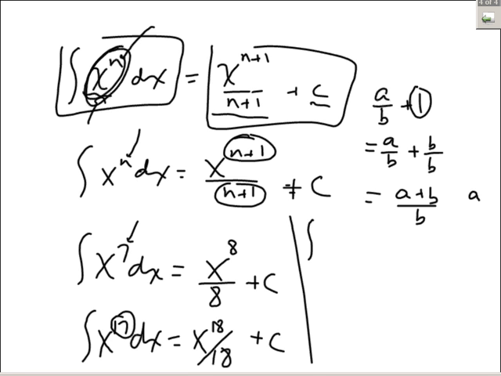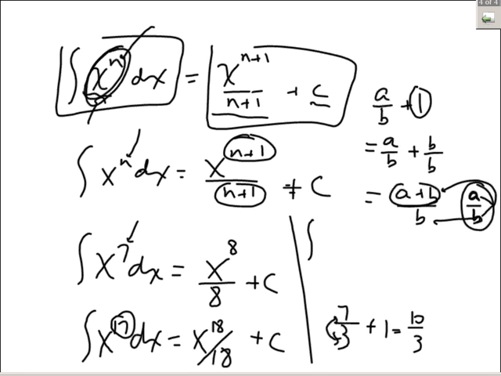If you have this number and you want to add 1, the bottom's the same, and the top is the sum of the top and the bottom. The numerator is the top plus the bottom. So if you have a number like 7 over 3 and you want to add 1, the top number will be the sum, 10, and the bottom number stays the same.